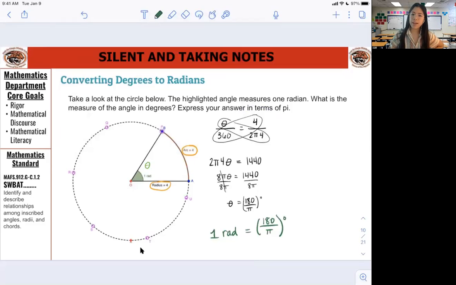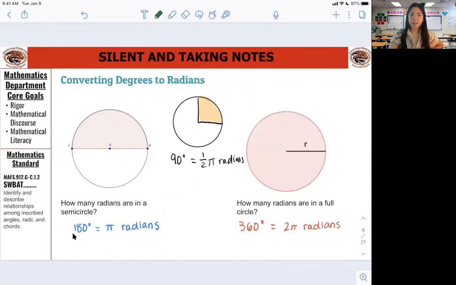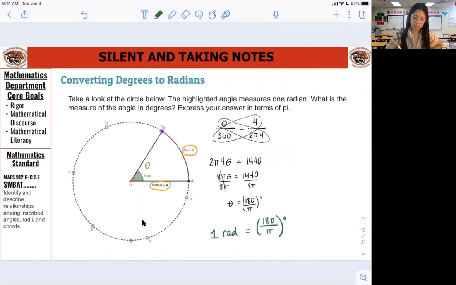Now on the previous slide, what did we just say? 180 degrees is pi radians. So does anyone notice a pattern? One radian is 180 divided by pi degrees.